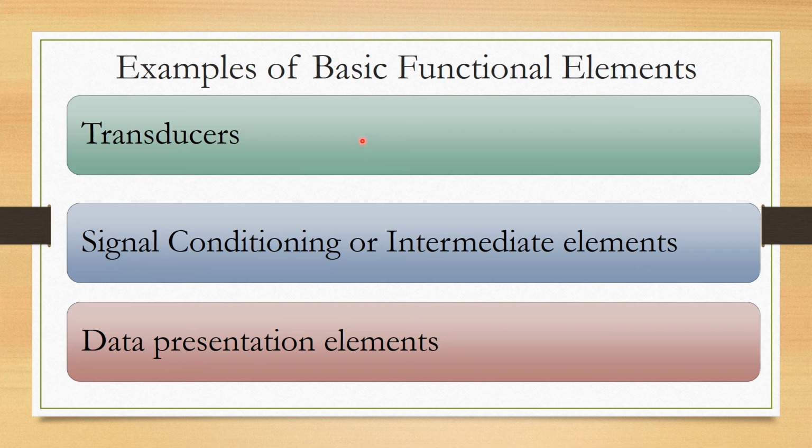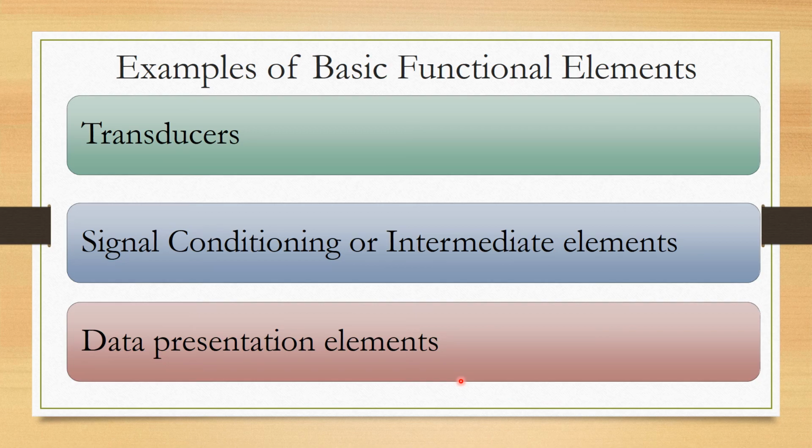And the last basic functional element is the data presentation element. Now we have received the signal, we have processed the signal, now we have to present the readings for display so that the person can identify the magnitude of the physical quantity. Say what is the temperature, what is the pressure, what is the dimension.